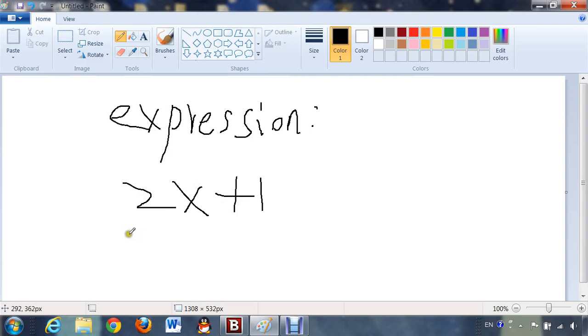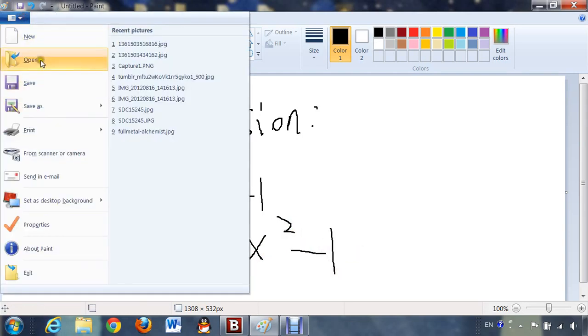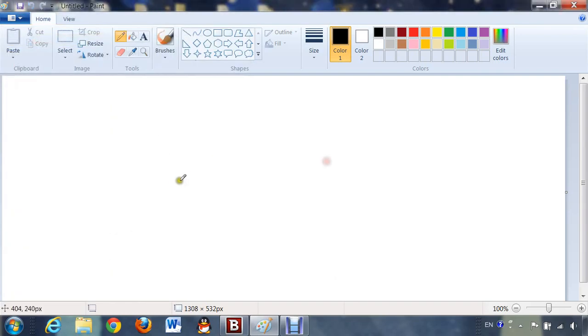Or it can be x to the third plus 2x squared minus 1, those are expressions. Or this something can also be a function, like a function y expressed in x, which is like 2x plus 1.